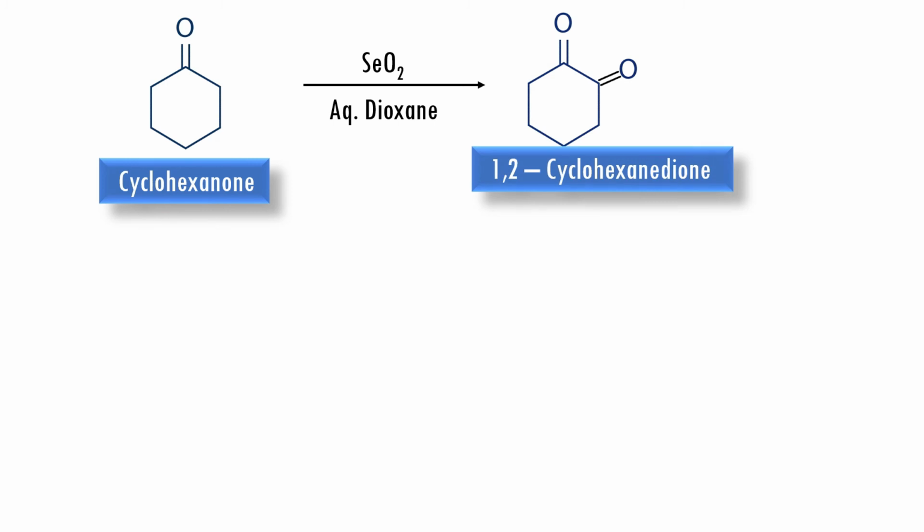In this example, the alpha carbon of the carbonyl group is converted into C=O.